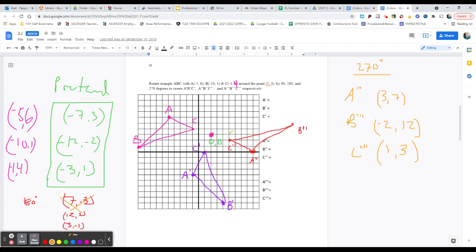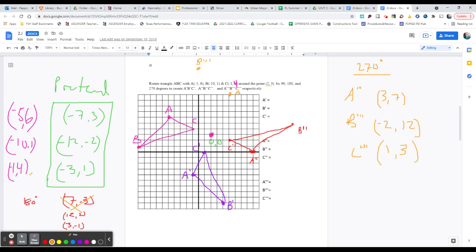So first point A is going to be at 3, 7 from here. Okay, next point is going to be -2, 12. So -2 and then up 7 + 5. Okay.